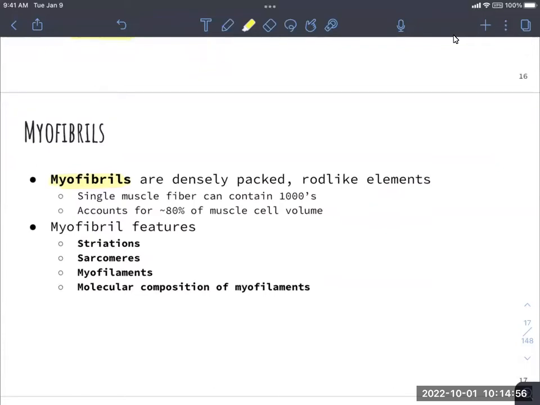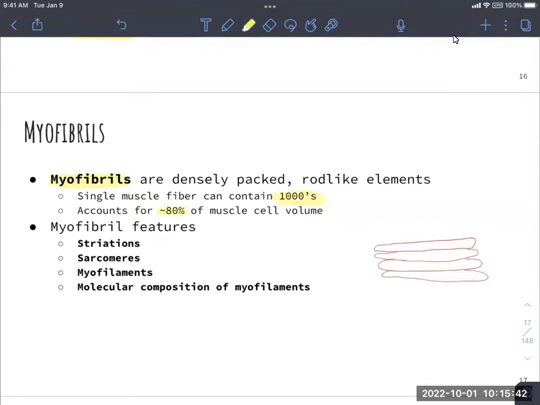A single muscle fiber can have thousands of these rod-shaped pieces within it, like the picture above. This is just one muscle fiber, one muscle cell. There are thousands of these that make up one muscle cell, and that is most of the cell's volume, up to 80%. That's quite a bit.